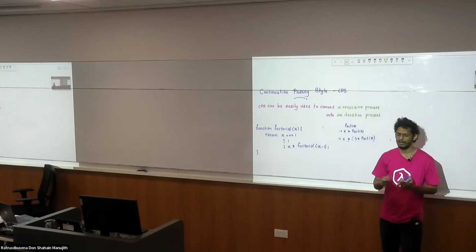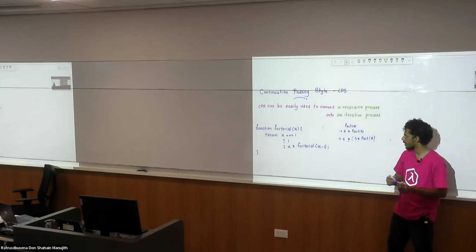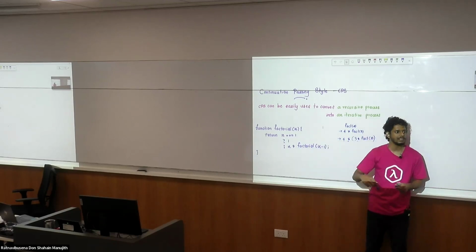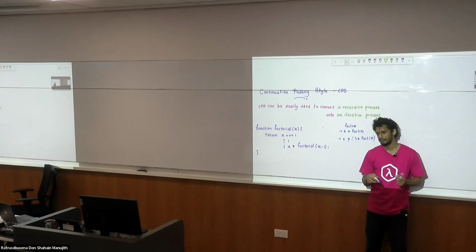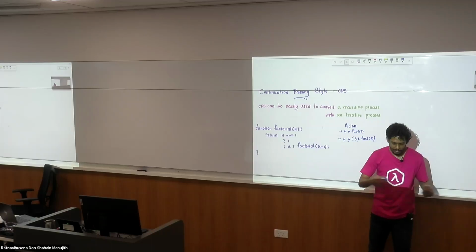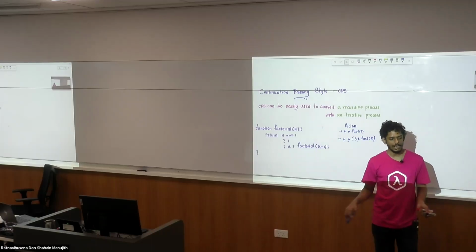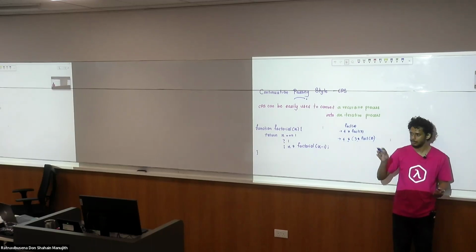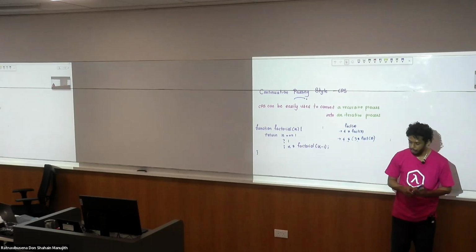Now you learned one method to do it by creating a new parameter, which accumulates the result as you go. But now I'm going to teach you a method called CPS that gives you a general framework to convert any recursive process to an iterative function, without specializing to the problem that you have. Let's see how you do that.